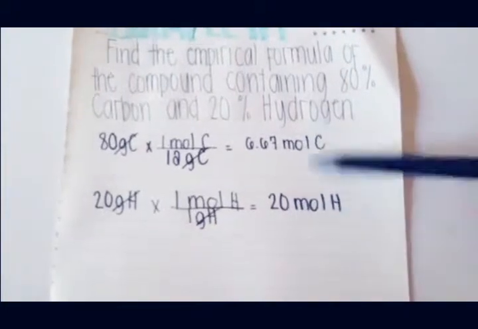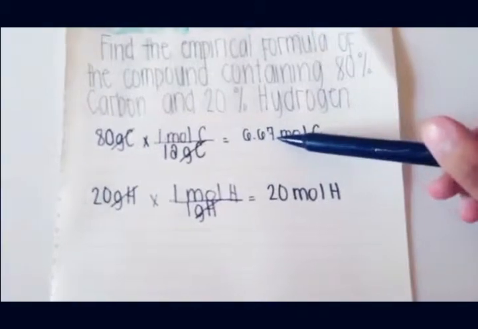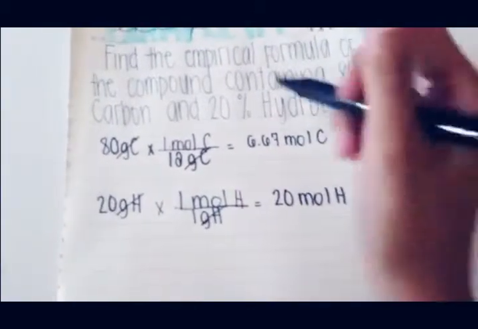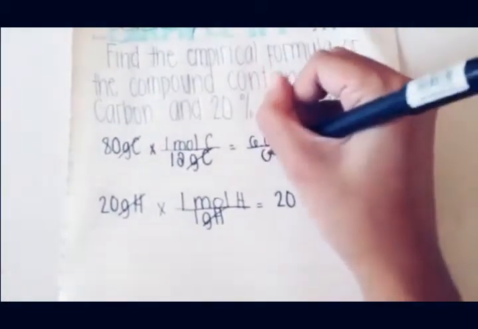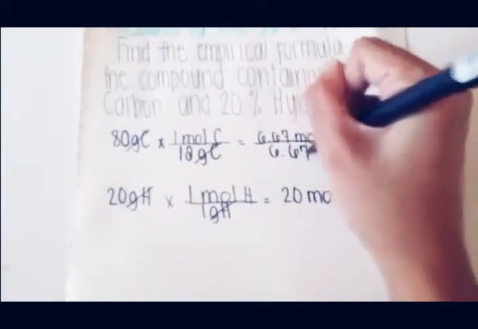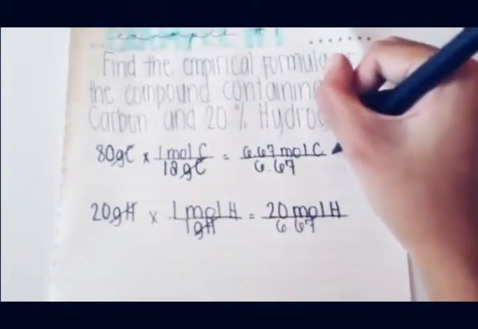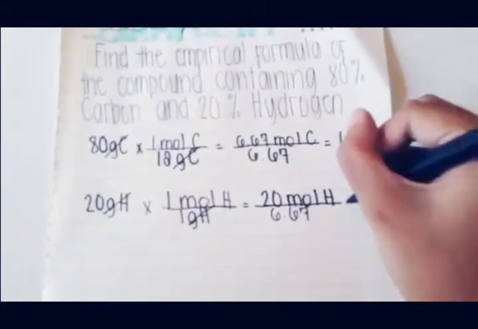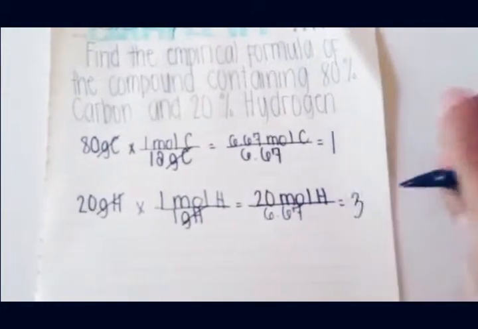Now for this, you have to look here and you need to find the smallest number. So 6.67 is lower than 20, so we have to divide 6.67 by itself and the 20 mole. 6.67 divided by itself is equals to 1, while 20 divided by 6.67 is equals to 3.